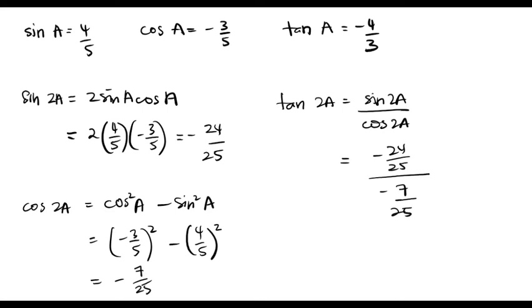So the final answer for the double angle for tangent is 24 over 7. So we have answered all the questions needed.